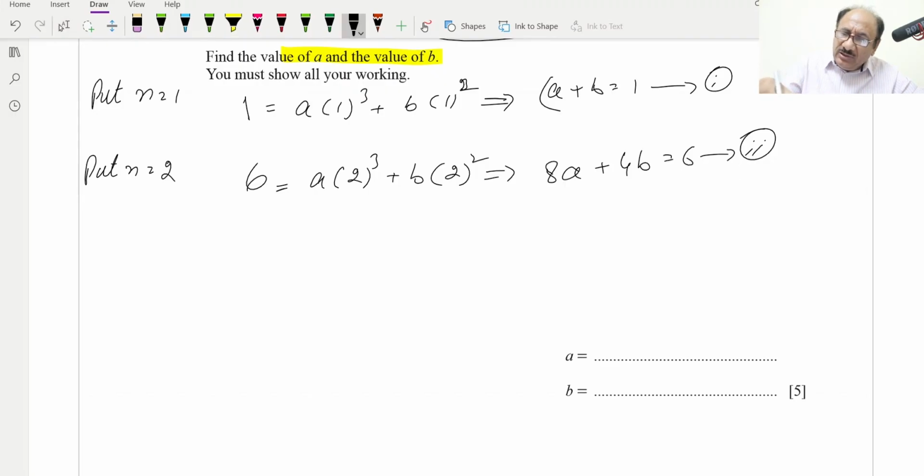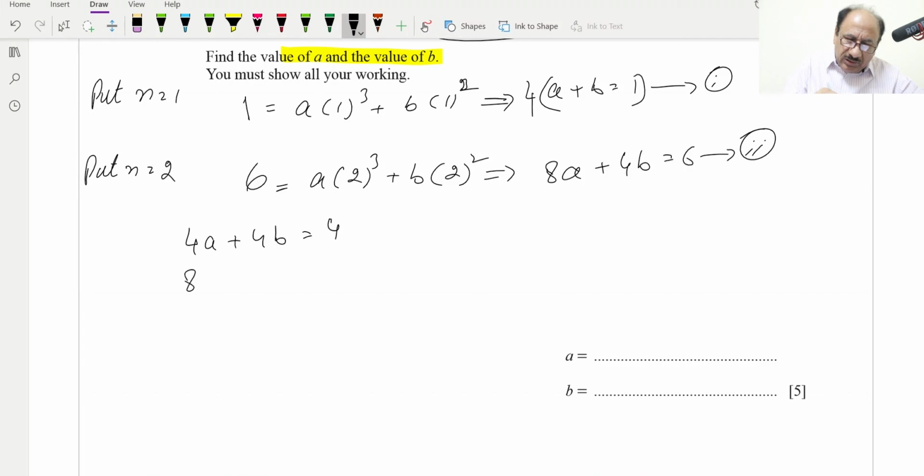We can multiply this equation by 4 to equalize the coefficient of b, and our equation will become 4a plus 4b is equal to 4, and this will be one equation.